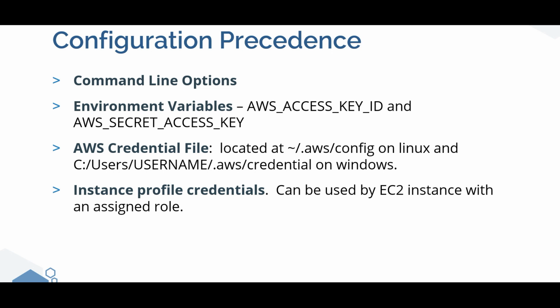If not, then it will check for any role which has been assigned. If you're running your application on premise, the fourth point will not be valid because you can't assign any role. So the first option is the command line, the second is environment variables set in the server, and if not, it will look for the credentials file in the respective folder. This is the precedence in which it checks for the access keys.